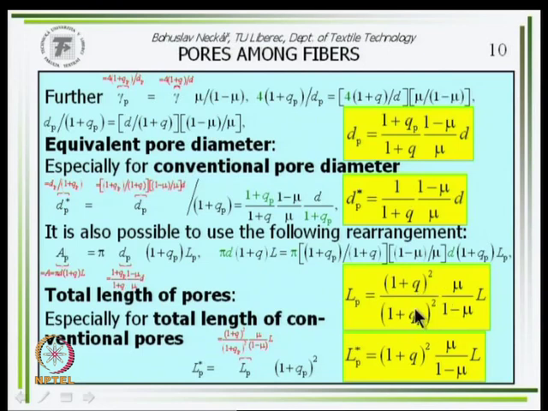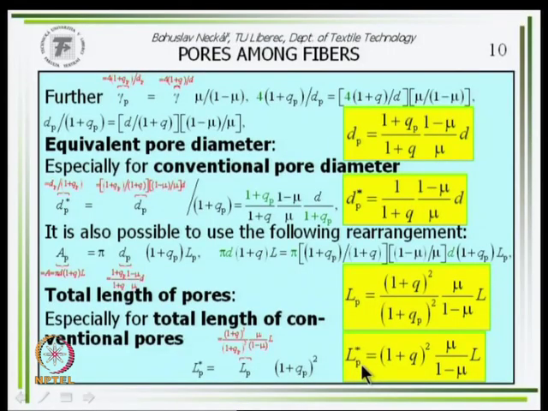Here, same problem and same idea: when I know nothing, then I will use some convention. Do you know the term convention? Only a convention that QP is equal to 0. Then I obtain for the total pore length such an equation, because this is 1 when QP equals 0. This is the total length of conventional pores in our fibrous material.